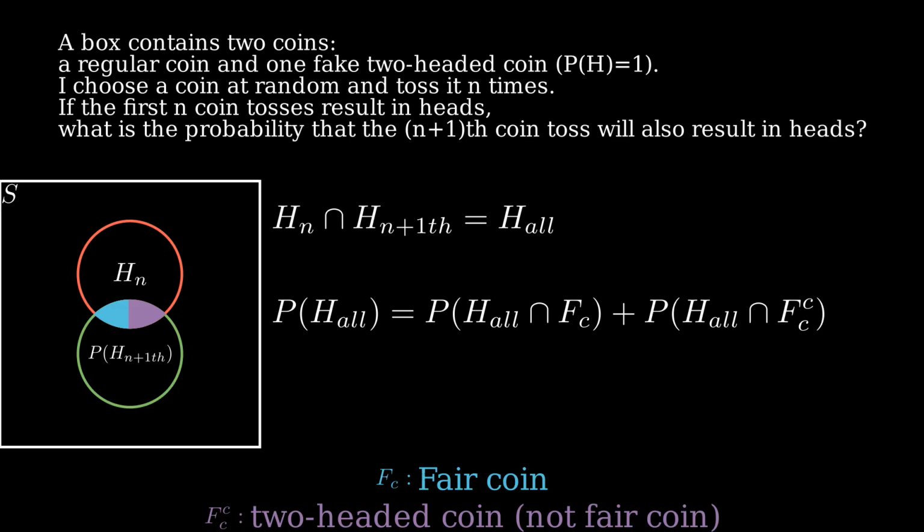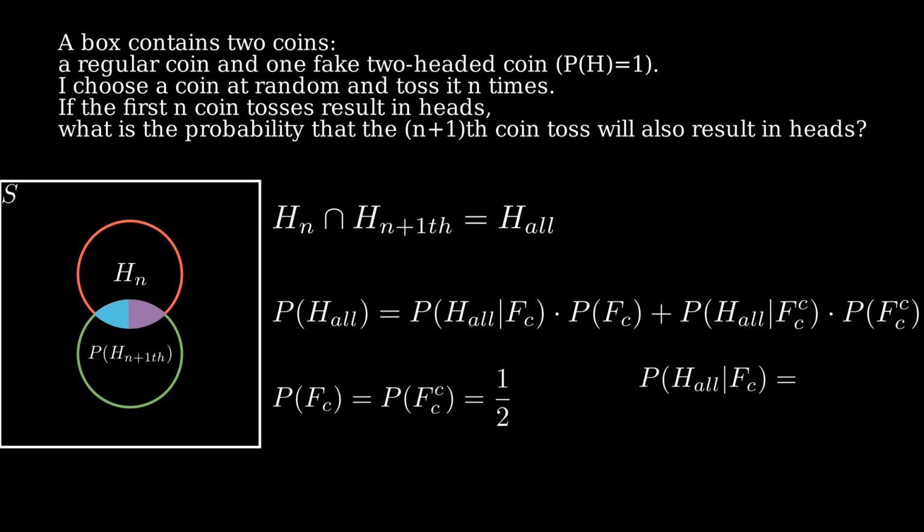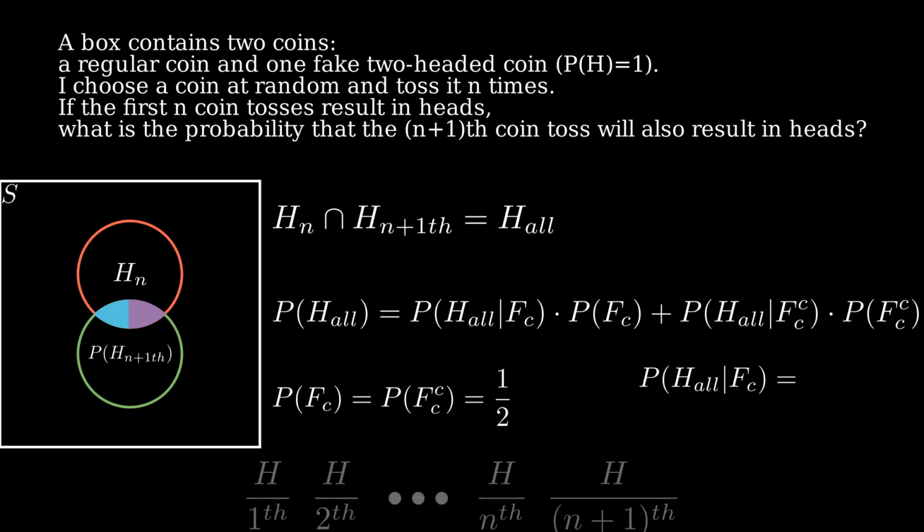Note that our equation can be seen as the law of total probability, and as such, we can rewrite it as follows. Since each coin is chosen at random, their probabilities are 1/2. The probability of H-all given a fair coin can be read as the probability of n+1 heads out of a fair coin, which is 1/2 to the power of n+1.